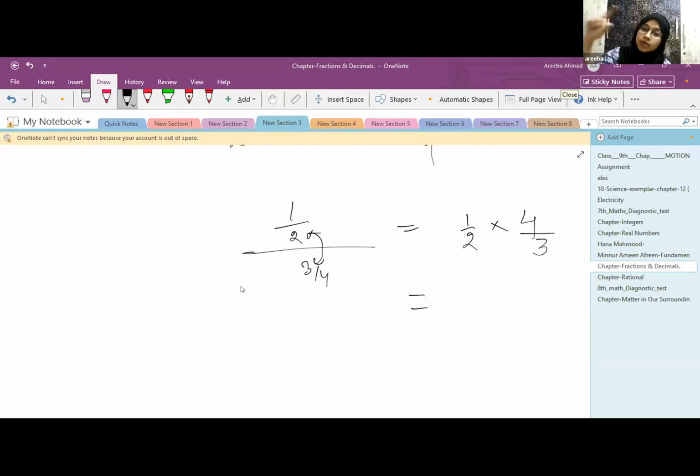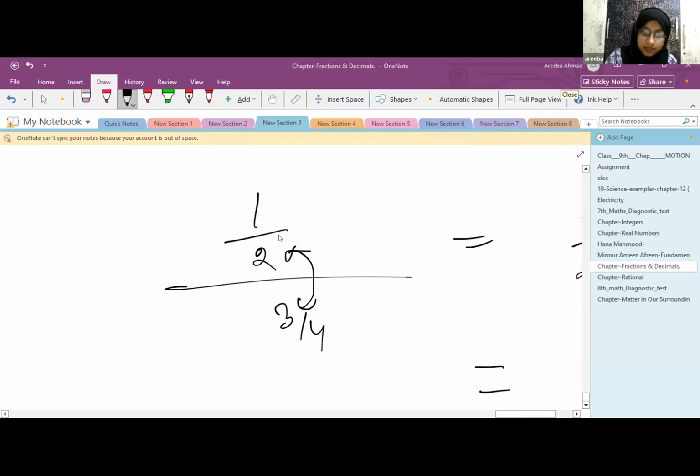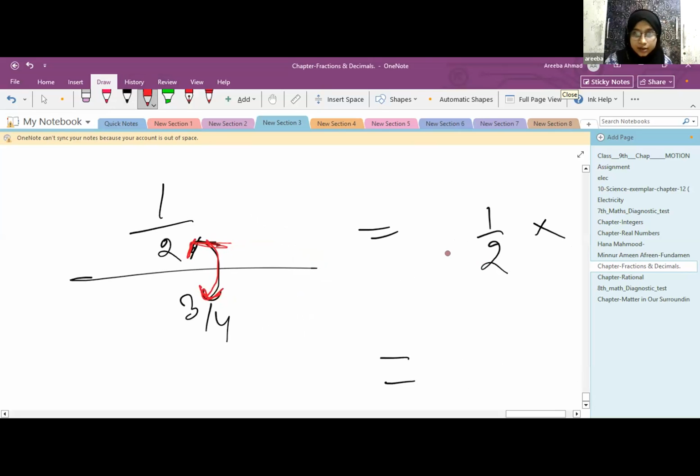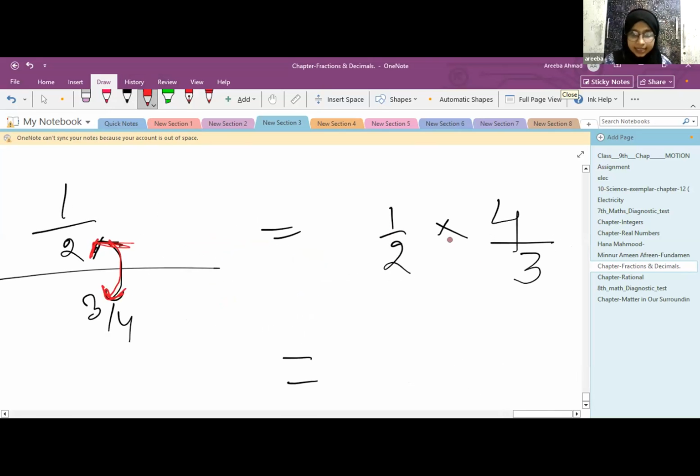These are two fractions in numerator and denominator forms, right? Now I am telling you a trick. How to remember this? These two things come always together: the denominator of the first one and the numerator of the second one. So now if I have to make them together, the first fraction is written as it is, 1.